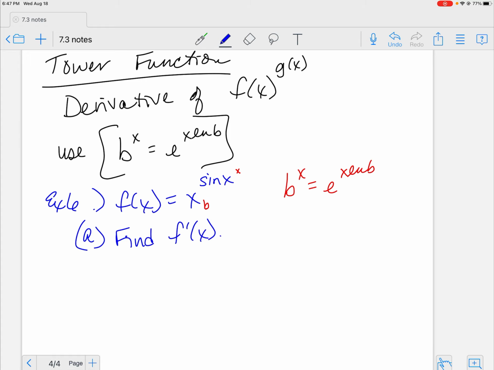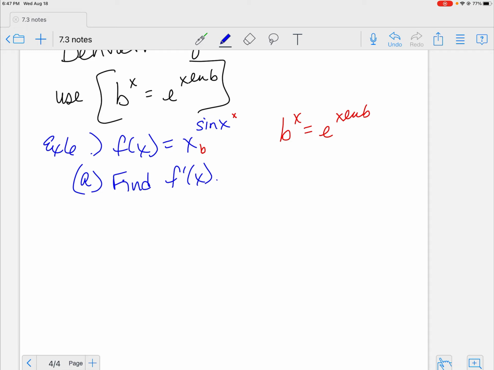That's the first thing we get to do. So I'm going to write this out. If I know that this is x to the sine of x, I'm going to take that b and that x and rewrite this as e to the, and then the x part is sine x, natural log, and my base is an x. Do you see that?